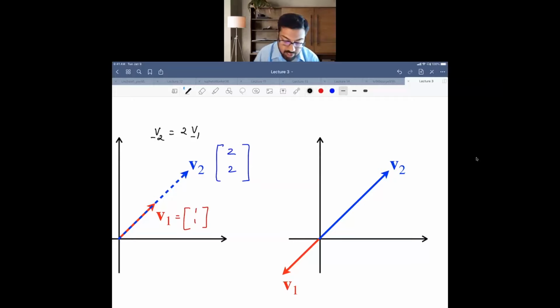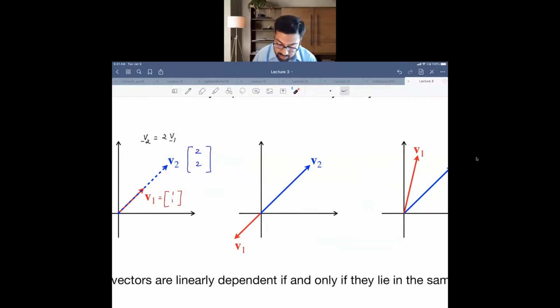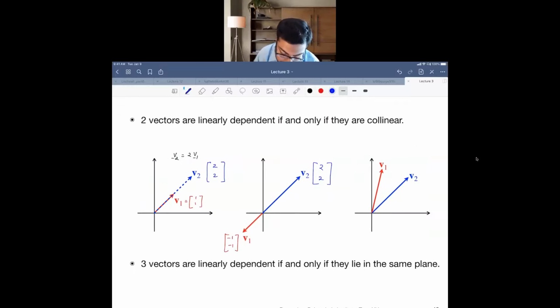And we know that if you are able to express a vector as a linear combination of others, it's a linearly dependent set of vectors. We proved this earlier. Similarly, over here, what do we have? Maybe this is the -1, -1 vector, and then this is the same 2, 2 vector. In this case, they are still linearly dependent.